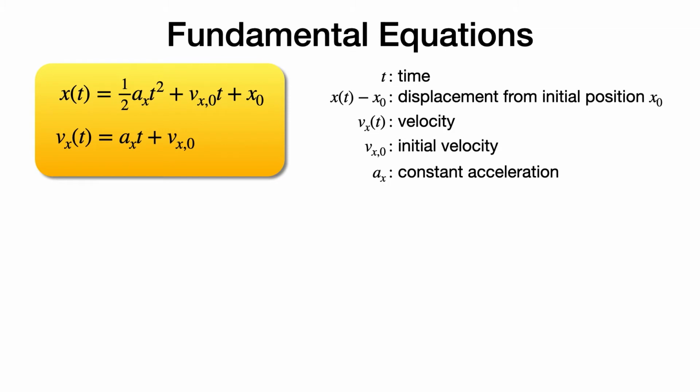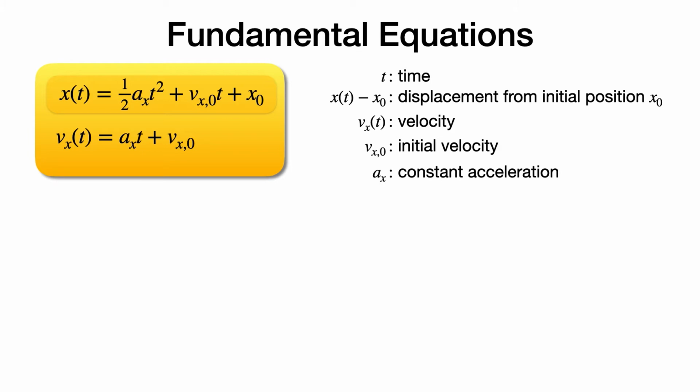And again, t is time. x of t minus x naught is just our displacement from the initial position. v sub x of t is our velocity as a function of time. v sub x naught is our initial velocity, and a sub x is our constant acceleration. Now, the equation for position as a function of time is really the most fundamental of the equations.